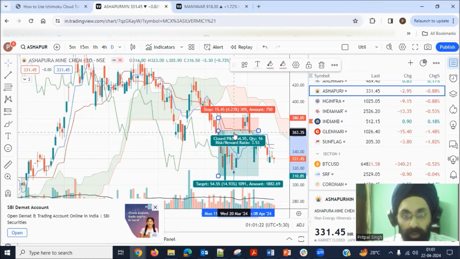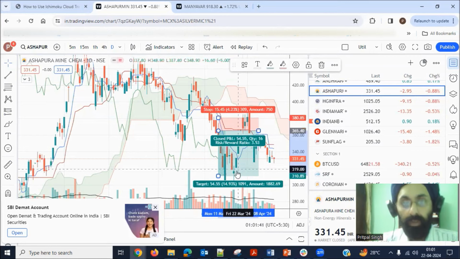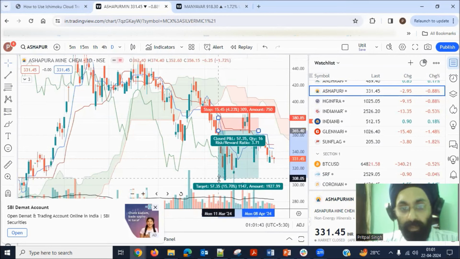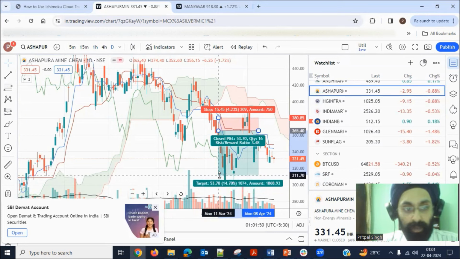I took a conservative way, and I placed the stop loss suitably above the long bearish candle to stay safe, and still it gave me a very good risk reward ratio of 3.53. It is better to stay here, not be too greedy in trading.